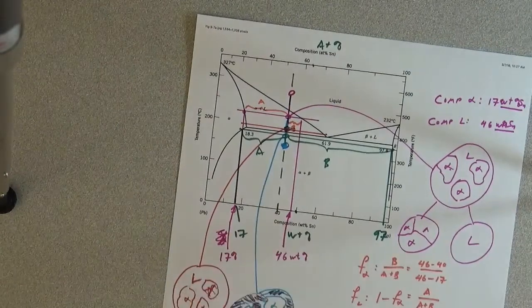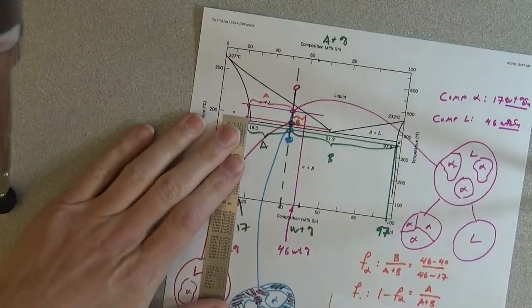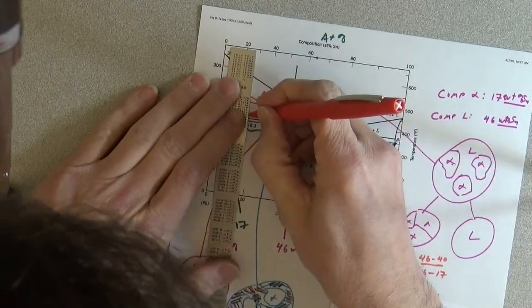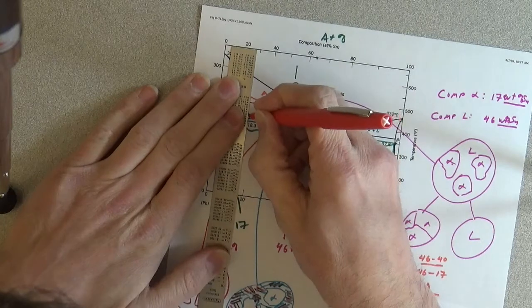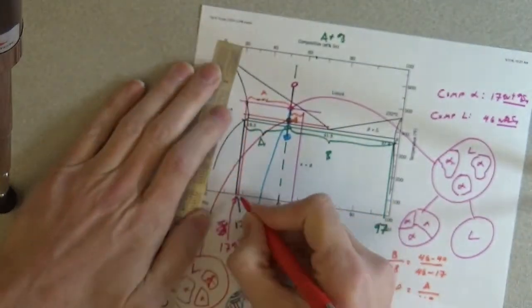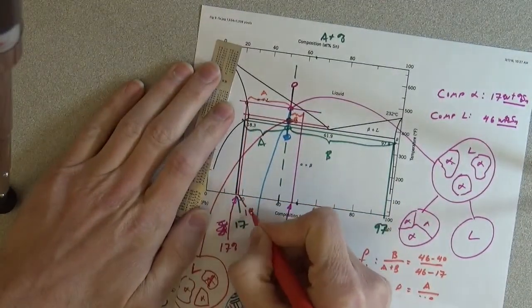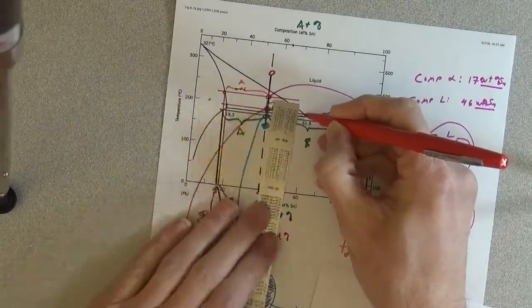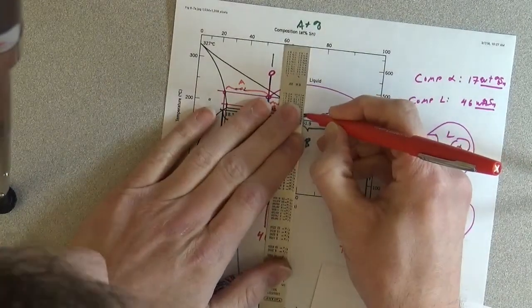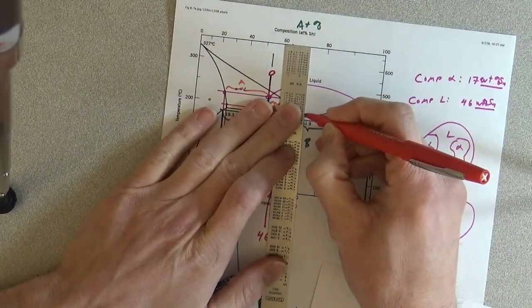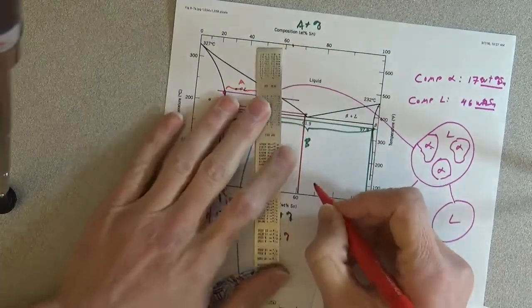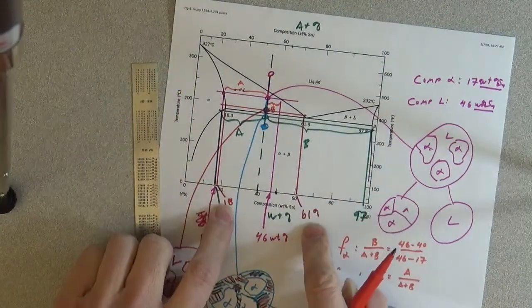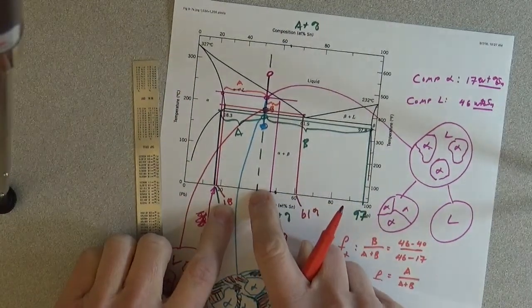And then we draw vertical lines down. So one vertical line will go here. So that looks like around 18%. And another tie line will go here. And that looks around 61%. So I've got 18 and 61, and we have the original, which is 40 still.